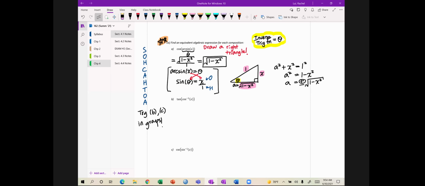When you put the theta in the right triangle, theta is now in the restriction, because the restrictions for inverse sine, inverse cosine, and inverse tangent all include quadrant 1.